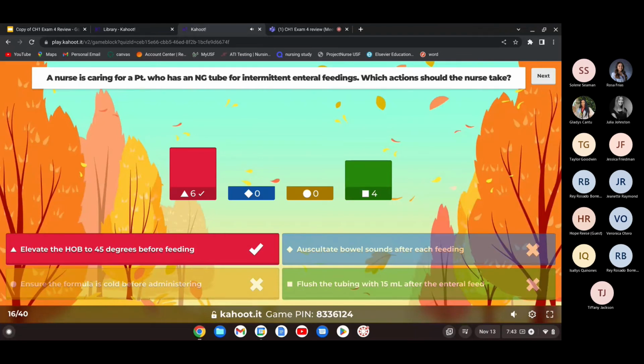So we're going to make sure we elevate the head of the bed 45 degrees before feeding. A couple of you guys did choose green. Ideally, we would want to flush them with about 30 mLs. But when you're approaching some of these questions, you always follow that airway, breathing, circulation approach when determining what's the best. So elevating the head of the bed is going to prevent choking, which is a breathing problem.